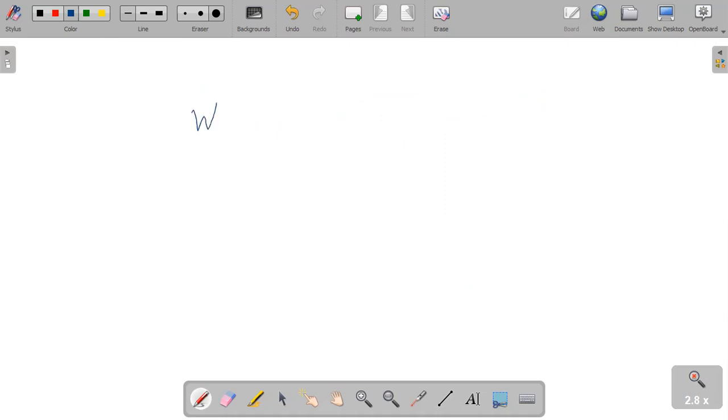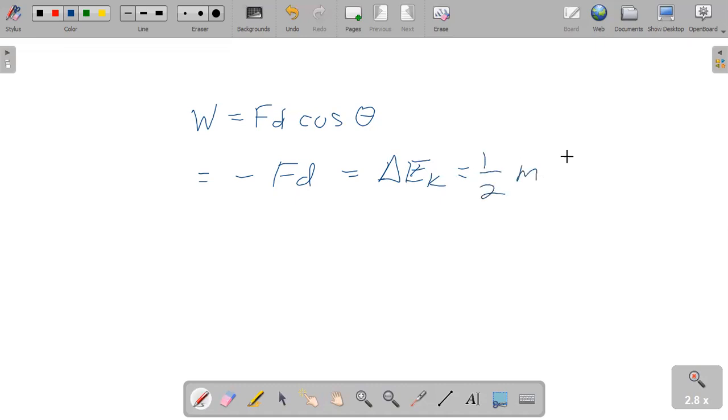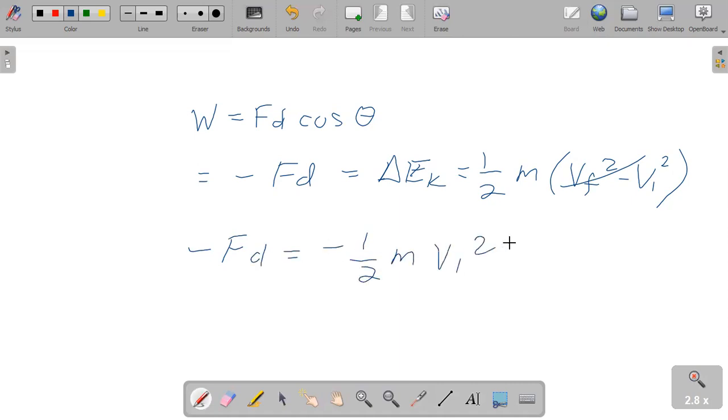Okay, so work equals FD cos theta equals negative FD, because we're going opposite, equals delta EK equals 1/2 M V final squared minus V initial squared. All right, and this is 0. So we have negative FD equals negative 1/2 M V initial squared.